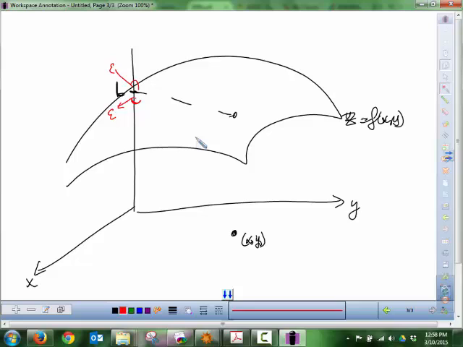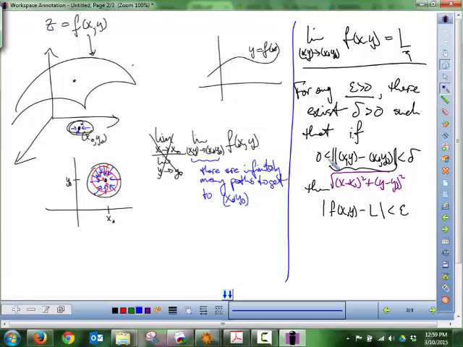So for every epsilon bigger than 0, there exists a delta such that if I make a delta disk around my x naught, y naught, so this is delta, and technically this should be dotted, because I said the absolute value has to be bigger than 0 and strictly less than delta.